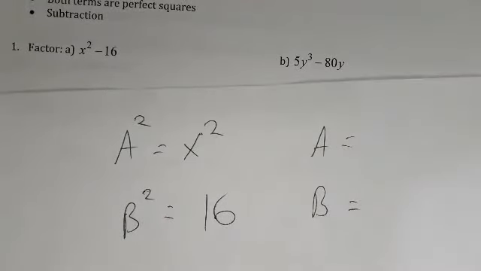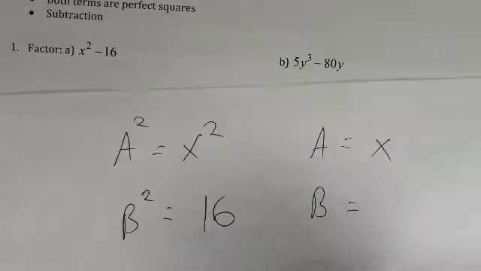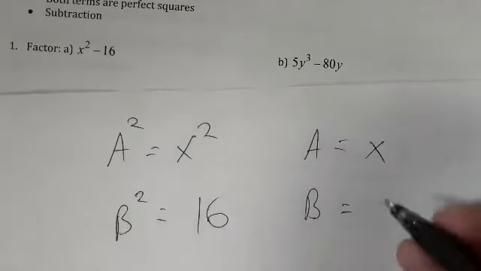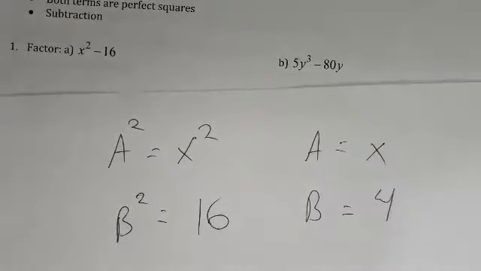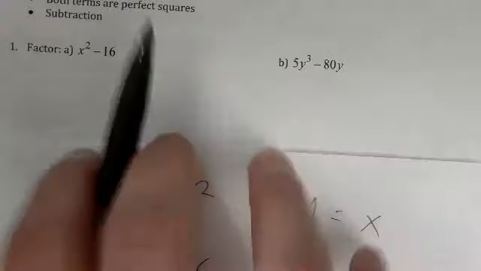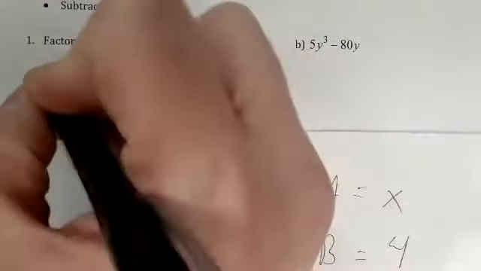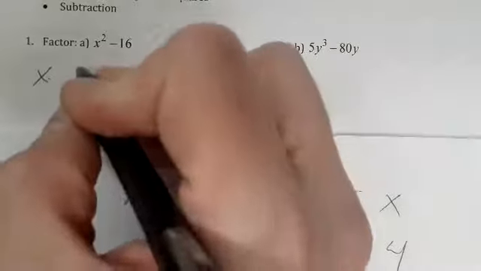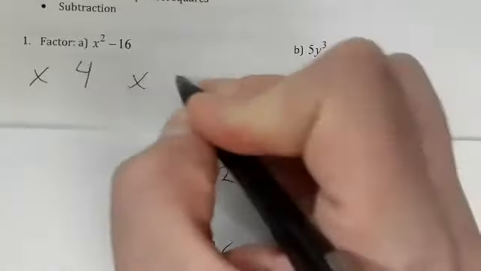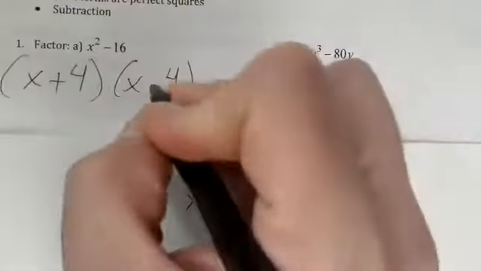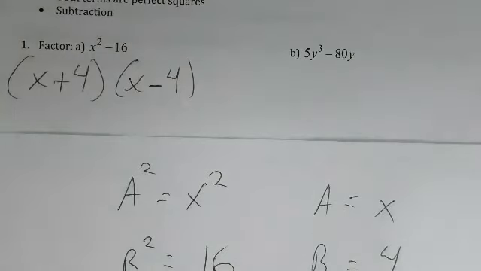To get from a square to a single term, we take the square root. The square root of x squared would be x. So if we're looking at x squared minus 16, we square root this thing, it is x, and square root this thing, it is 4. I have two factors. One of them is going to be plus, and one of them is going to be minus.